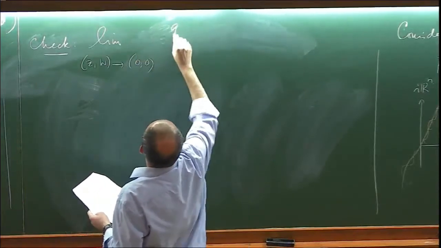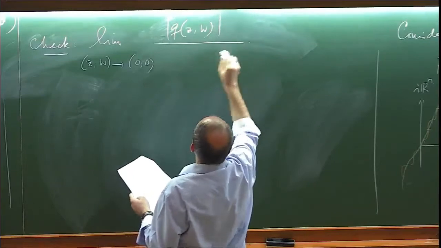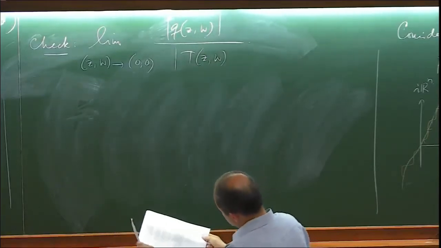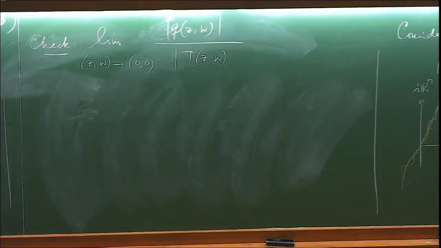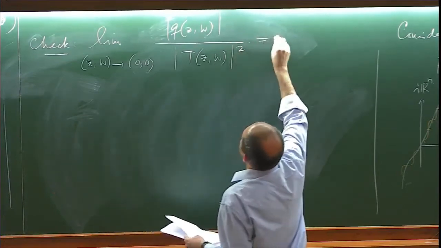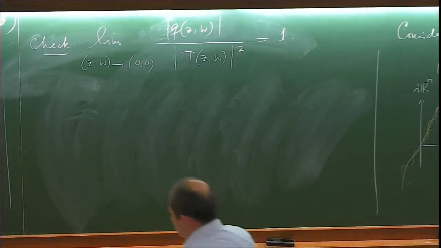Little q of (Z, W) divided by modulus T of (Z, W). Oh, sorry, this is T squared here, by the way. Okay, T squared. This is what? Modulus of T squared.